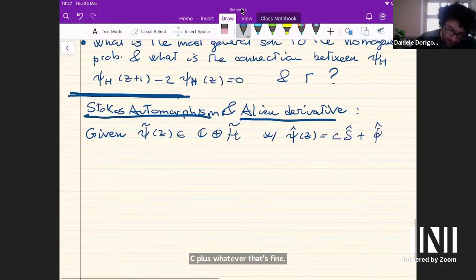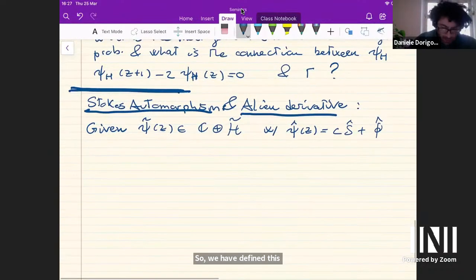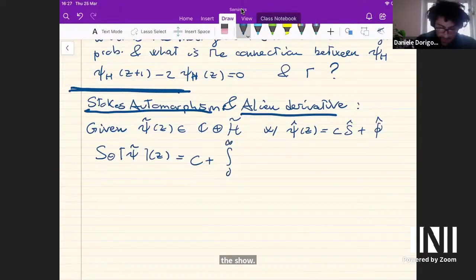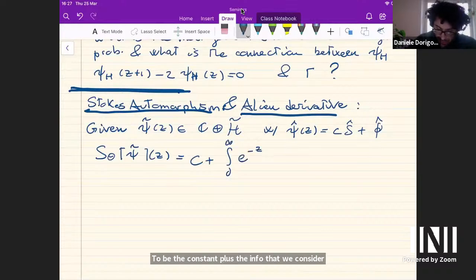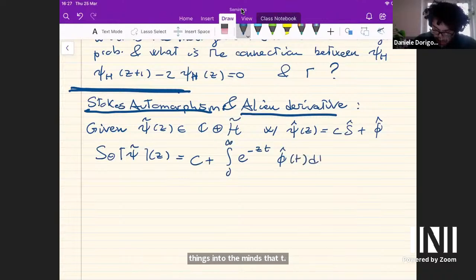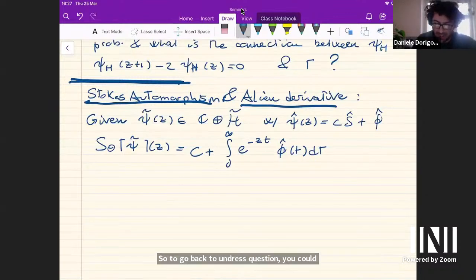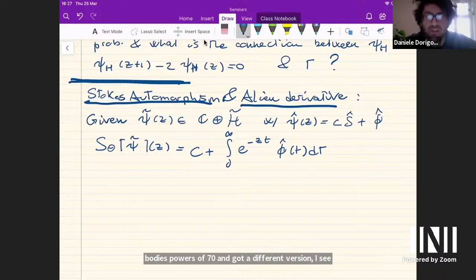So we have defined this directional Borel summation to be the constant plus the integral between 0 and infinity, e to the minus z t phi hat of t dt. So to go back to Andrea's question, you could have taken this c, put it in the integral, fiddled around with various powers of z and t, and got a different version.